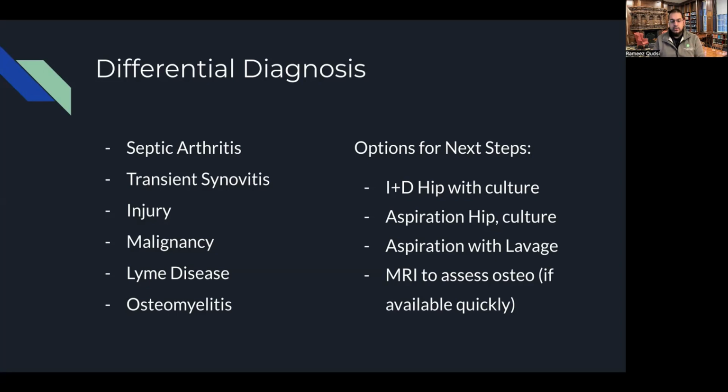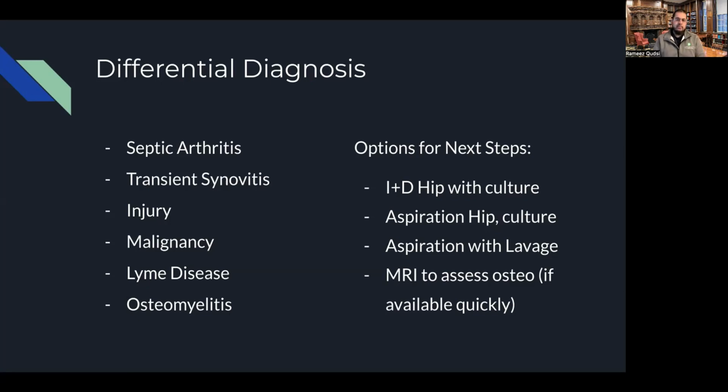There are some studies showing that it has equal outcomes to operative washout. However, the downside, as you can imagine, is there can be a slightly higher rate of recurrence or need to go to the OR with just aspiration. But it's an option, especially in a situation if someone isn't able to get to the OR early enough.